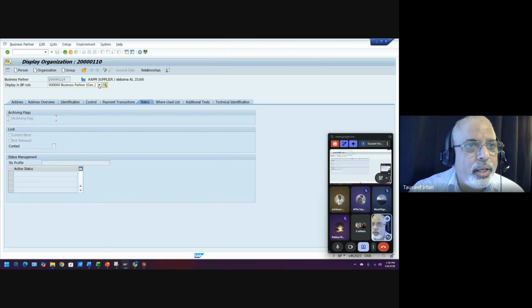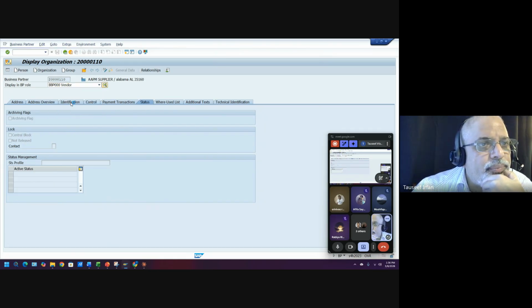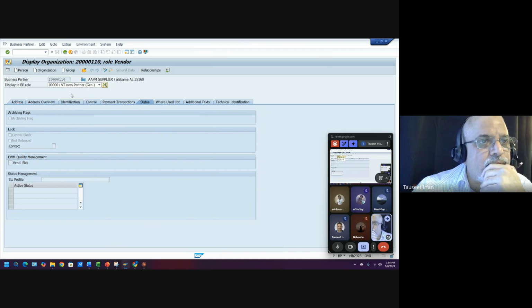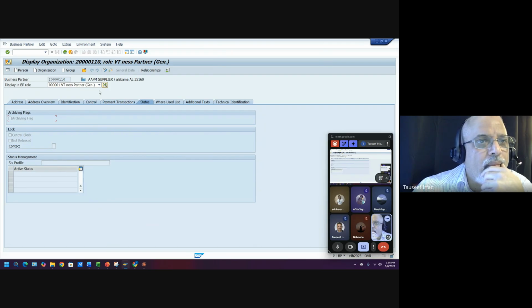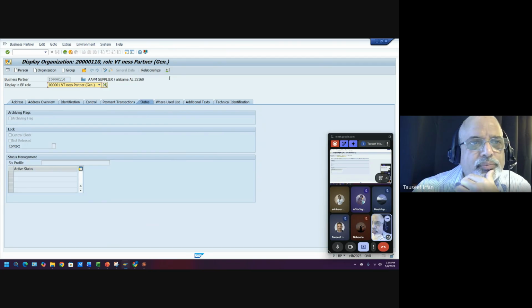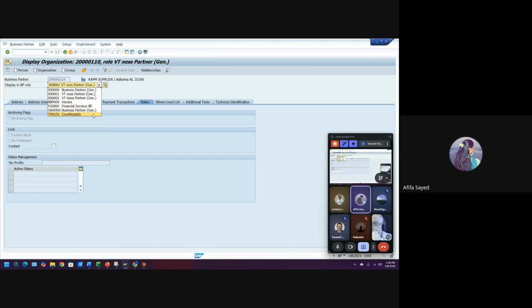Then if you change the role here and say, let me see the vendor side of it. Where is the supplier side of it? This one, 01. Vendor BP. Sir, I think you should click on that change button, display change.